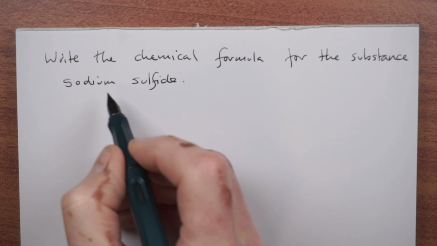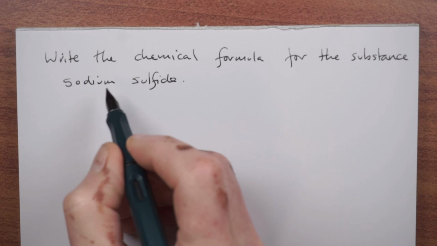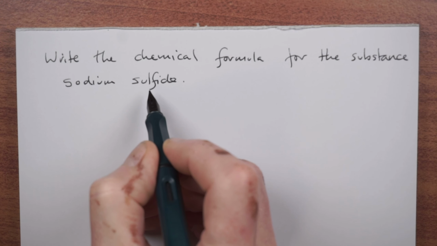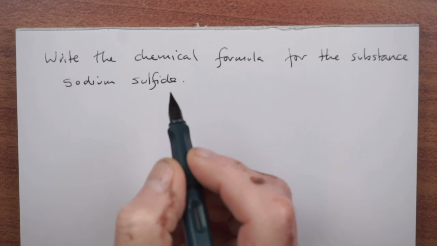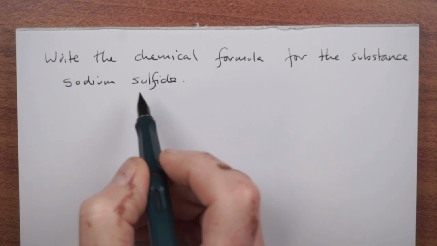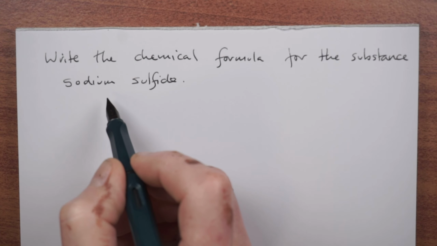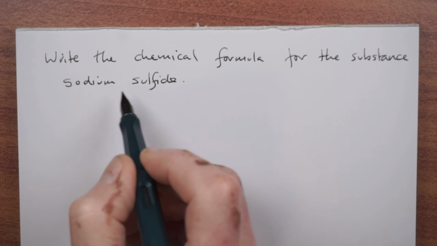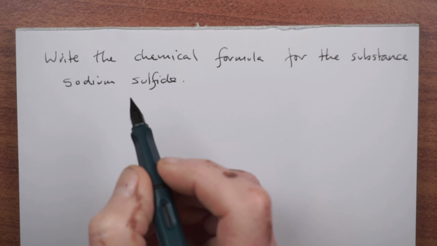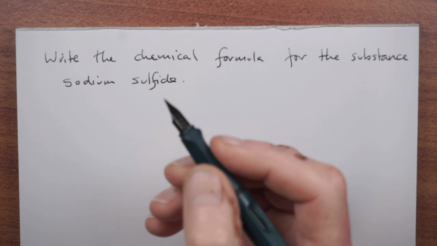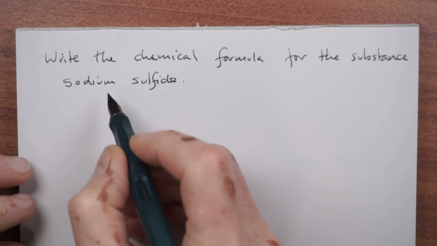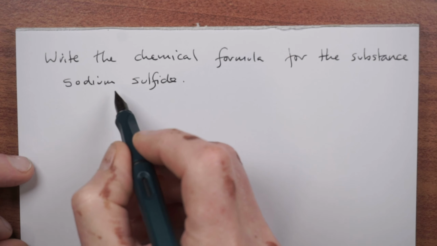So what we know now is that this is a metal, this is a non-metal. This means this is an ionic substance, because the vast majority of metal non-metal compounds are ionic. This also means it forms huge crystal lattices, and that means billions and billions of ions together, all joined together by electrostatic attraction.